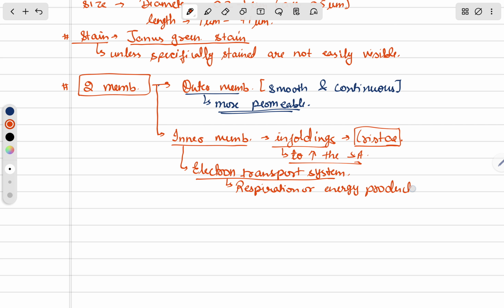Energy production means ATP synthesis. So ATP synthesis takes place in the inner membrane, and if the cell requires more ATP, the number of cristae will be more.